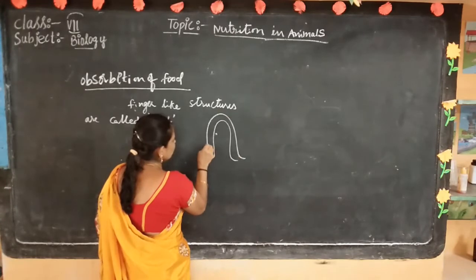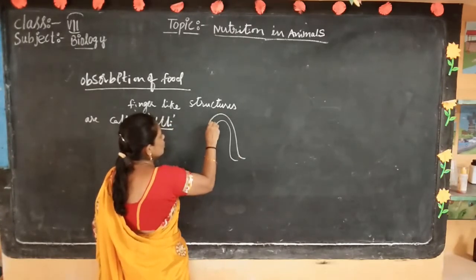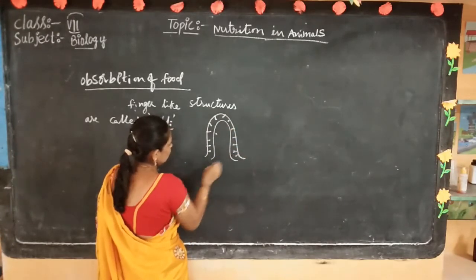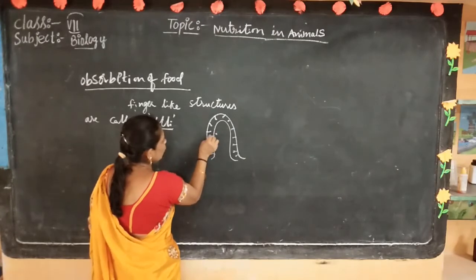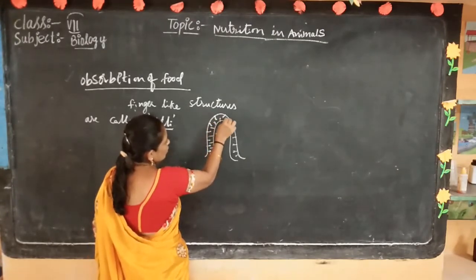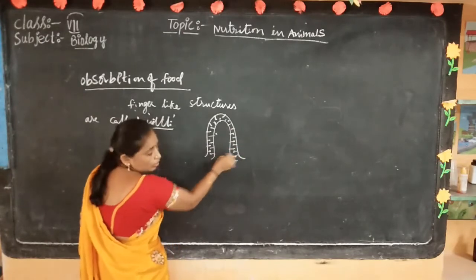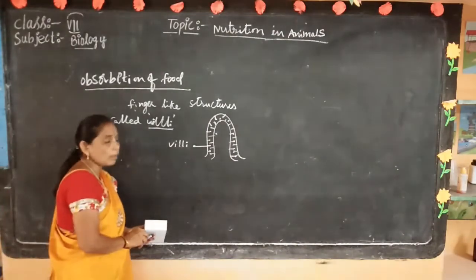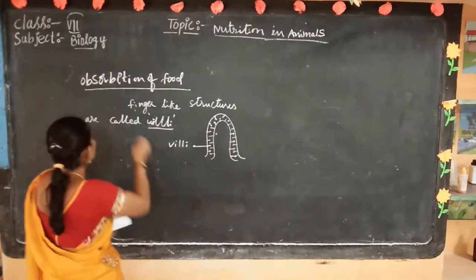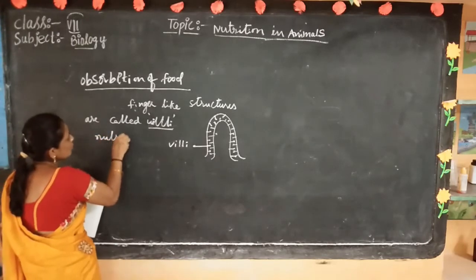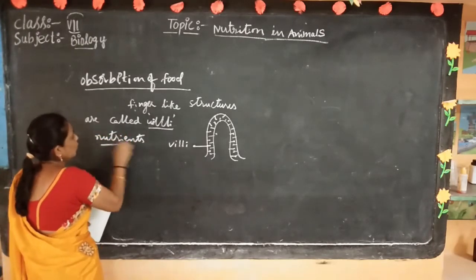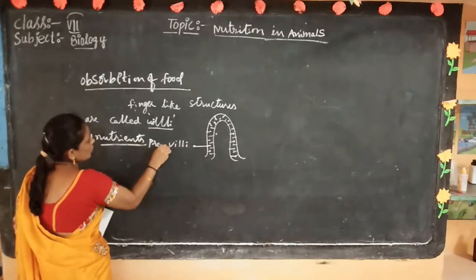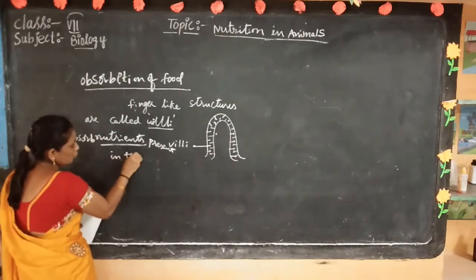The main function of the villi is to absorb the nutrients present in the food.